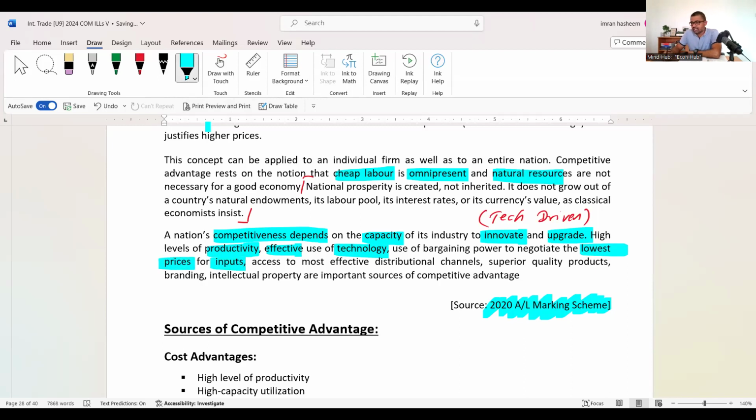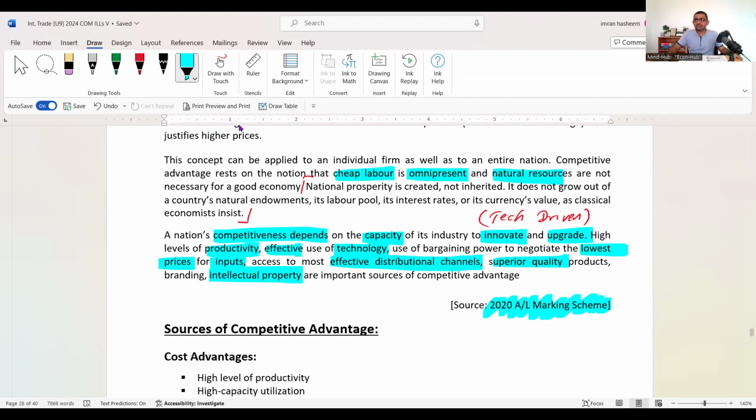Access to the most effective distribution channels and supply chain, superior quality products, all of these. And here we go, intellectual property. When we develop these things, even though we don't have a big natural resource base or a large, very cheap labor force, we can still become competitive. It's a way of thinking.